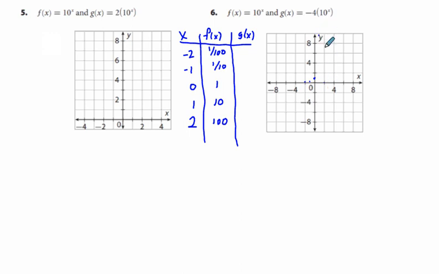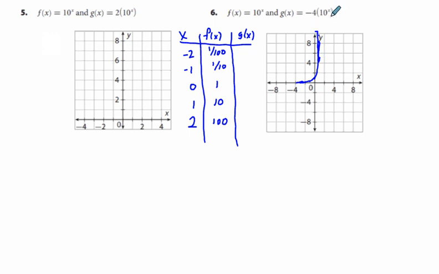At 2, we have 100. So it's a very steep curve here. Okay, that'll suffice.